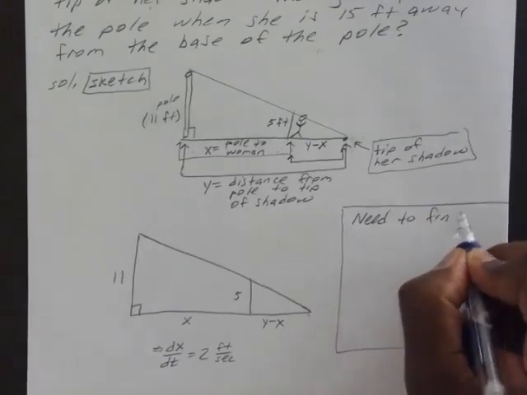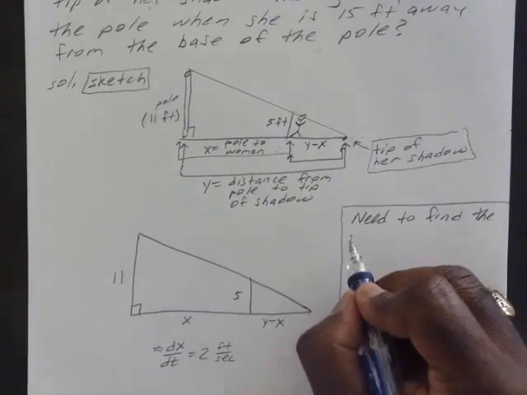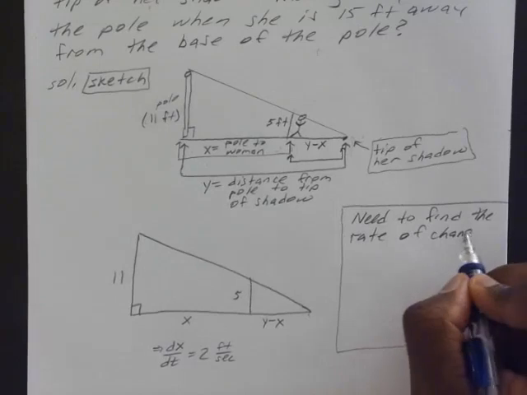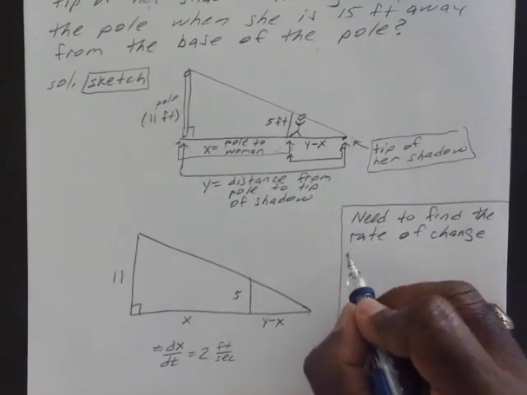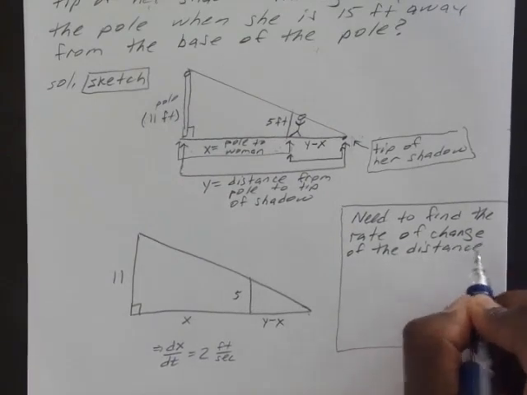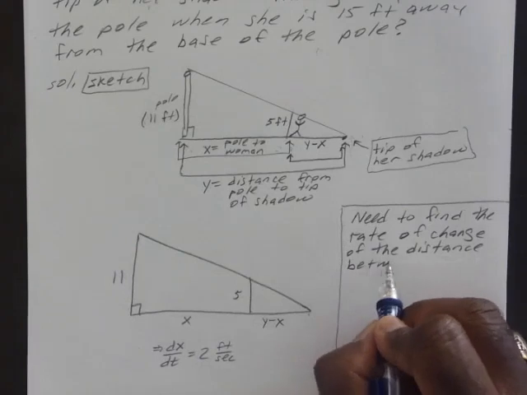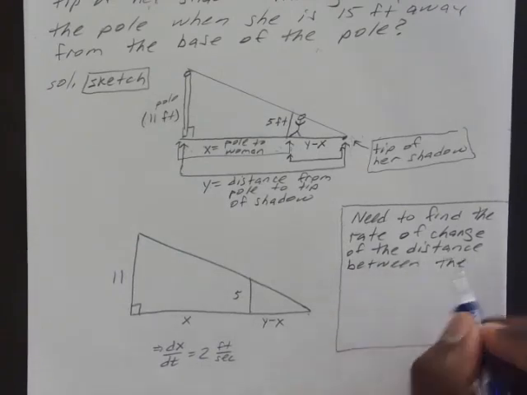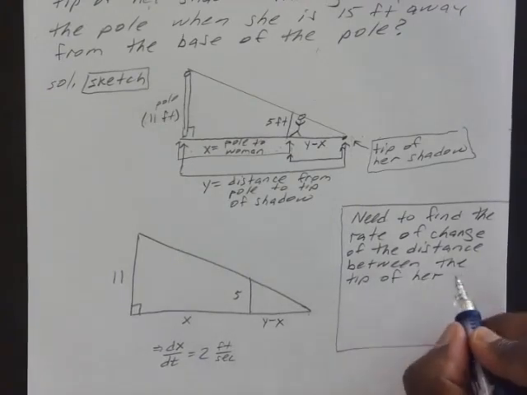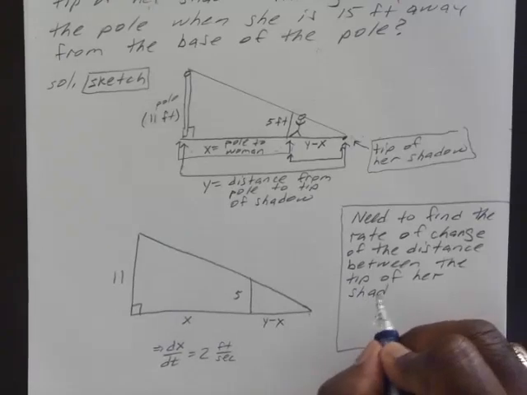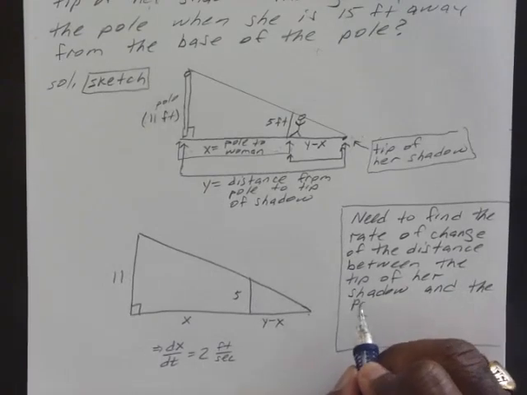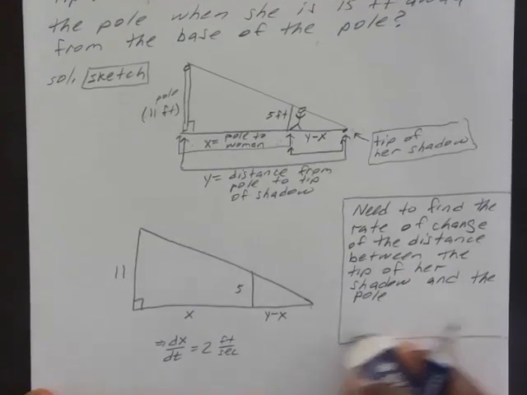So we need to find the rate of change of the distance between the tip of her shadow and the pole.